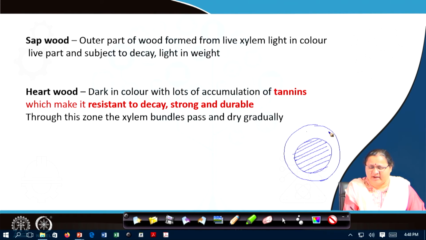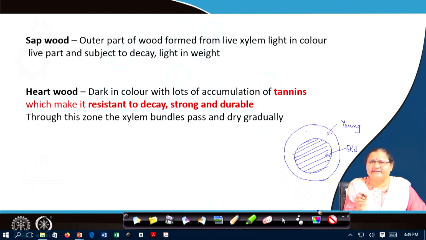Age wise, sapwood is young, whereas heartwood is old, and because it is old, it accumulates lots of tannins and oils, which make it resistant to decay.